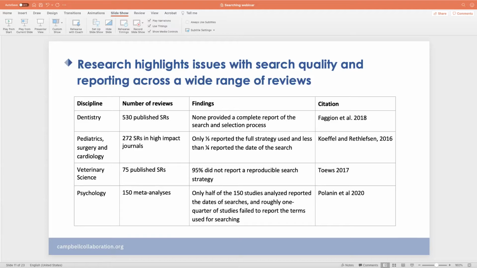In pediatrics and surgery, a 2016 study found that only 1/3 of those that they looked at reported the full search strategy that was used. And fewer than 1/4 of those actually reported the date of the search. And I think other deficiencies have been found in veterinary science, in psychology, and likely other fields as well that aren't represented on this slide.